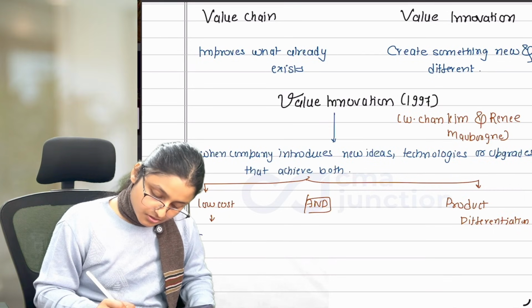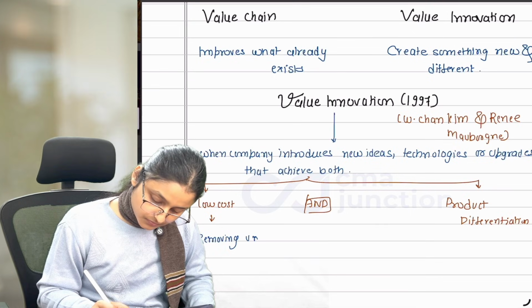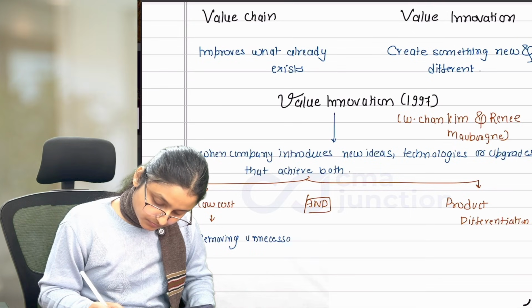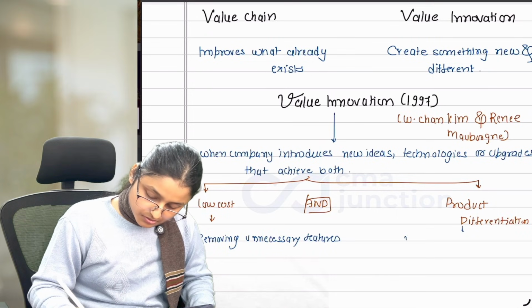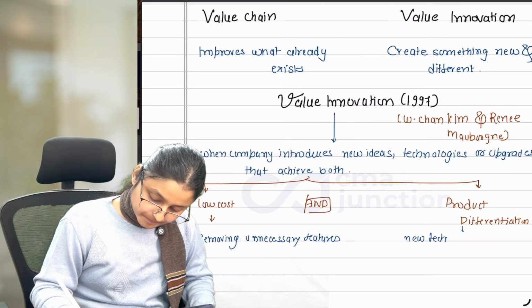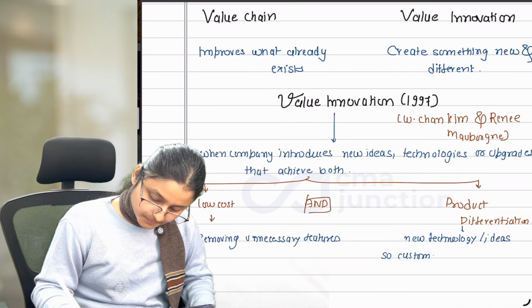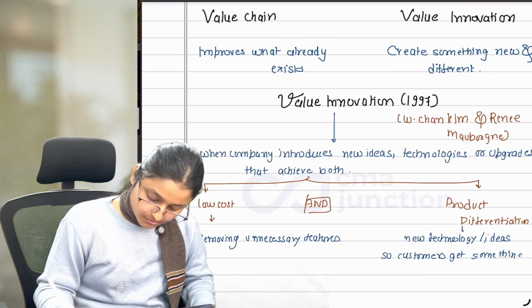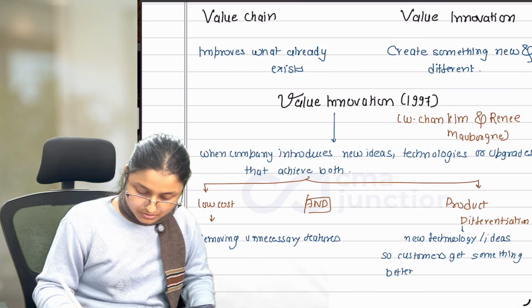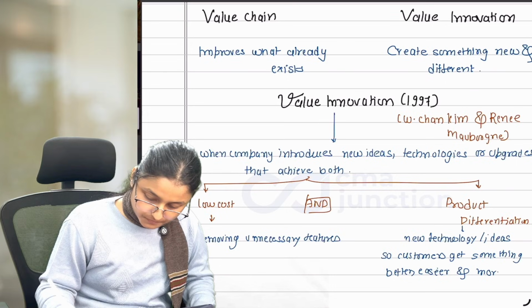Low cost means removing unnecessary features. And product differentiation means using new technology or ideas so customers get something better, easier and more useful.